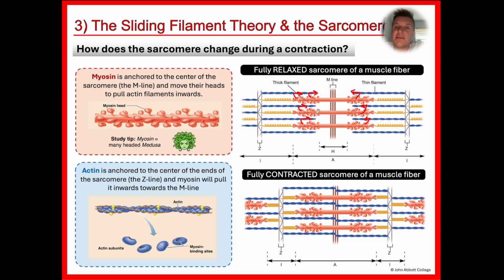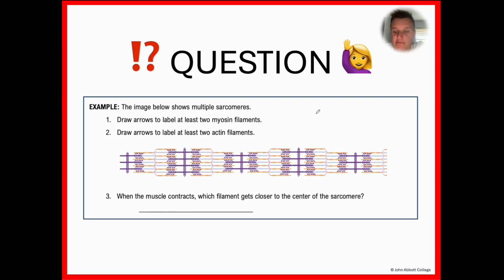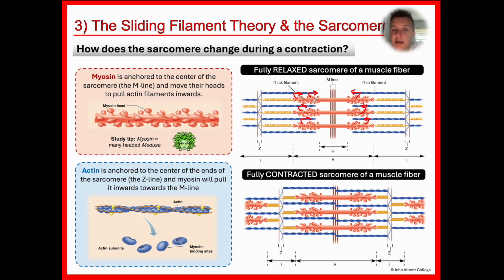So I want you to look at this picture very well. Here, when we're relaxed, look at how big this fiber is. Look at the Z line over here and over here, right? Do you notice that when we contract the muscle, these Z lines come inwards, and look at where the Z lines are now. They're closer in.